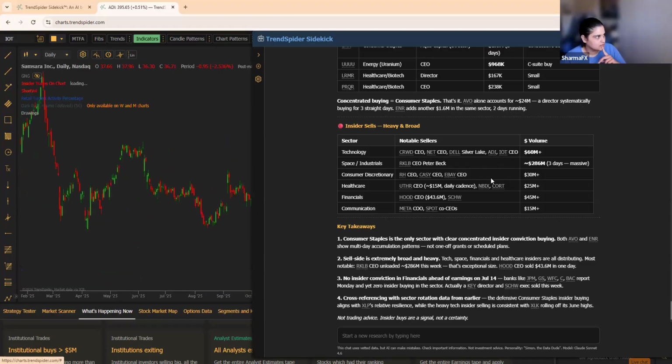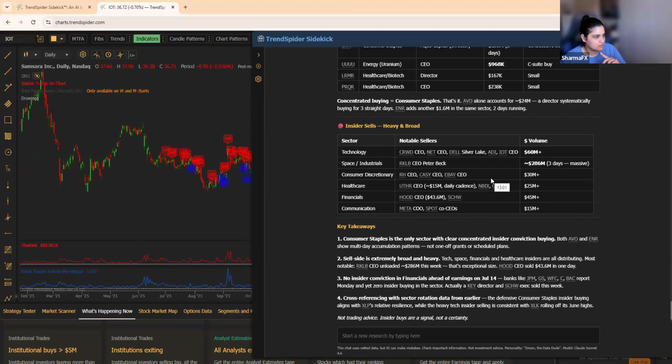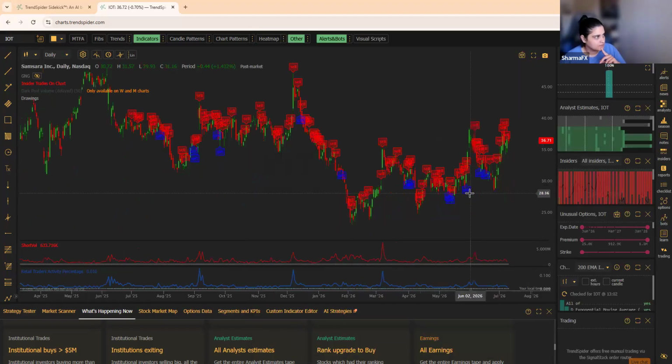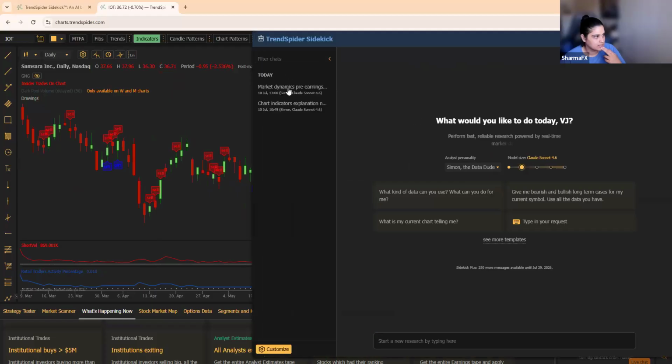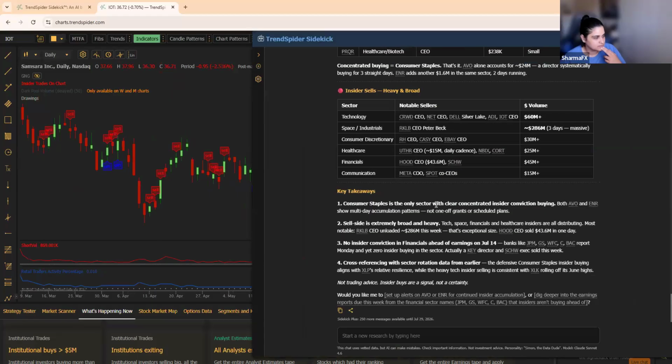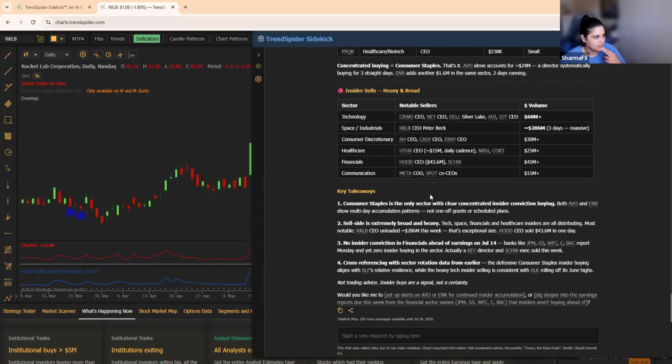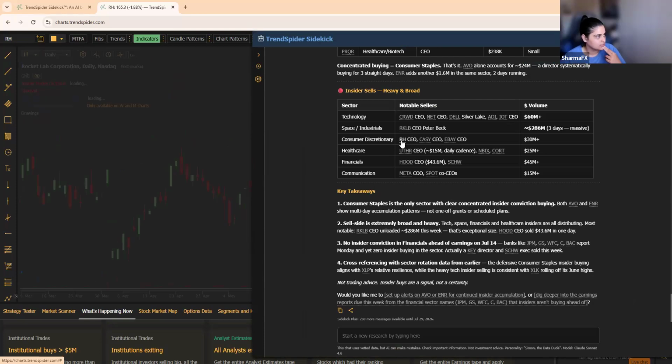And the rest of these, about $60 million worth of volume is what we're seeing here. So that's exactly what this is telling us. We're going to be expecting price to drop as we're seeing a lot more selling happening. And then we also see the space and industrials name, Rocket Lab. The CEO also selling over 3 days. They sold about 286 million worth. And then RH.